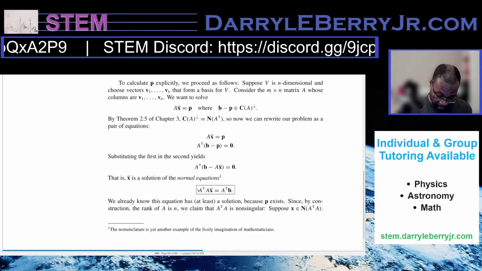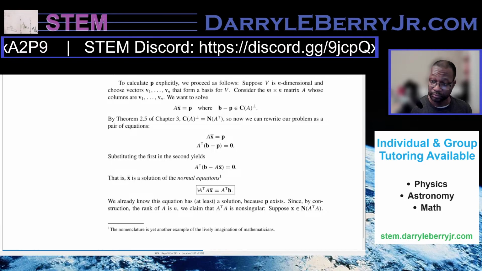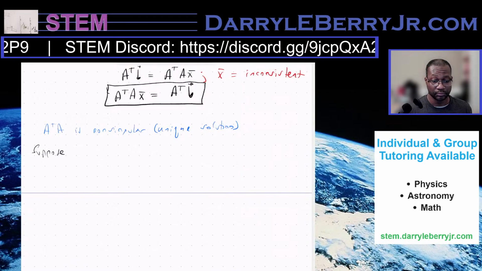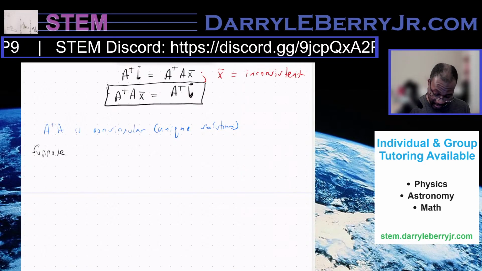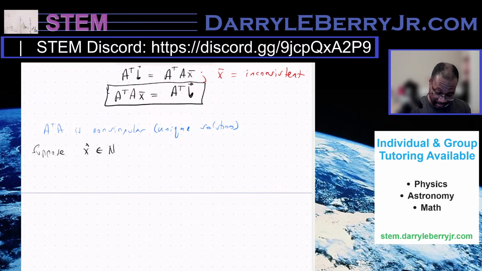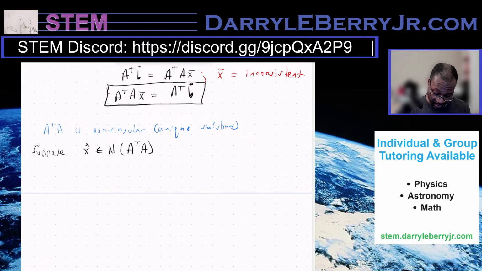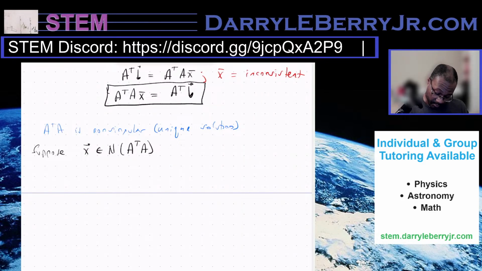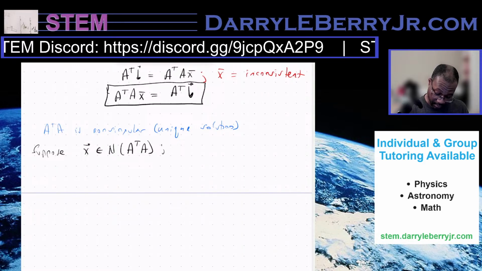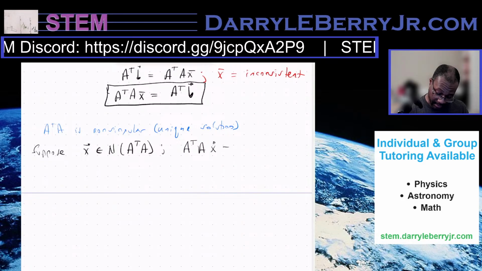So it says suppose X is in the null space of A^T A. So this means that X is a solution to A^T A X equals 0.